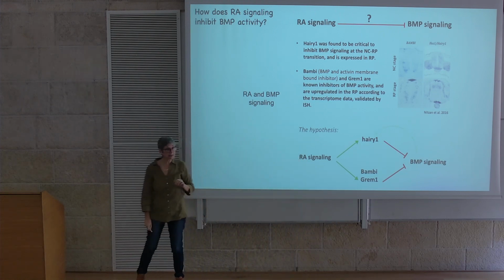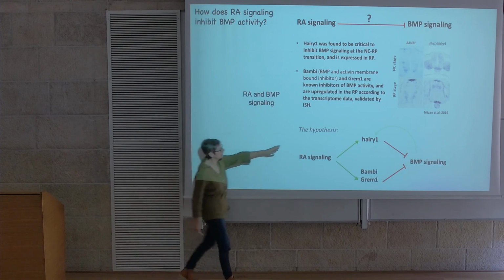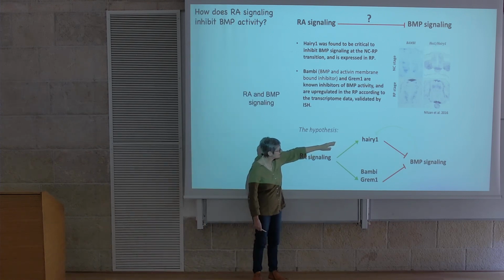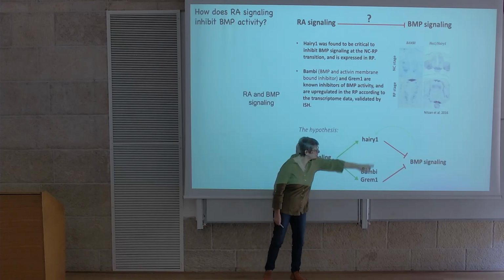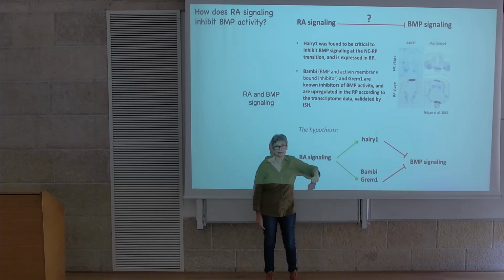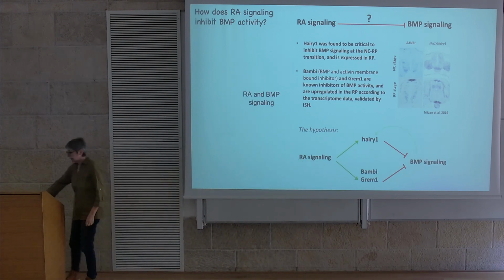So one possibility is that retinoic acid is able to upregulate, this is a hypothesis, HERI1 or HES, it's the same, BAMBI, gremlin, and additional inhibitors that we find to be expressed very specifically in the roof plate. So let's test whether this is indeed the case, and it is.